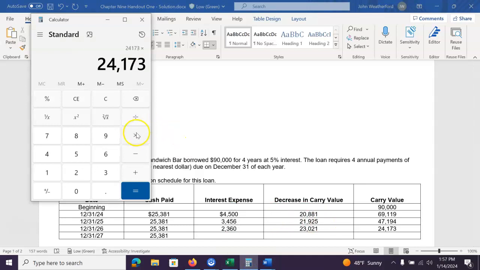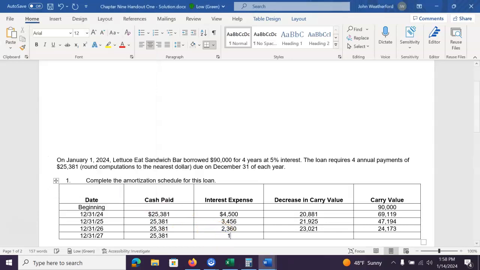Now we'll multiply that times our 5% interest rate. And that gives us 1,209, we'll round it to, for interest.